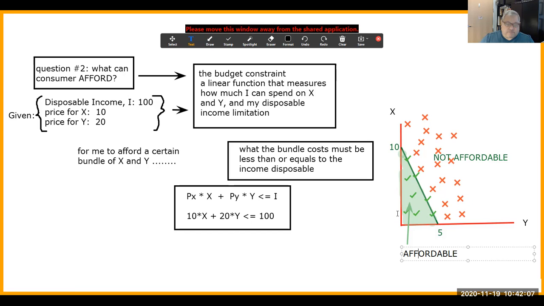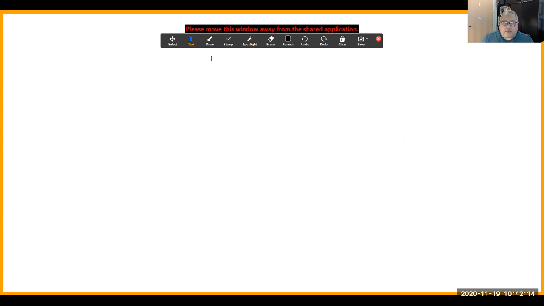So in the end, decisions made by consumers are essentially a sandwich of these two X and Y plots.